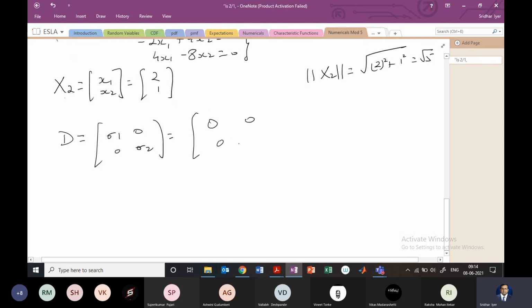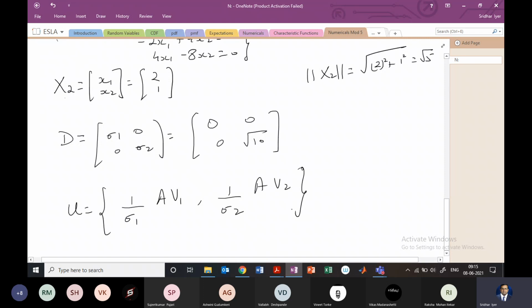Then you have 0, 0, and sigma 2 is going to be root of lambda 2, which is 10, so you'll have root 10. So our D is fixed. Now to find u, u is given as 1 by sigma 1 A V1 and 1 by sigma 2 A V2. That's how we can get u.